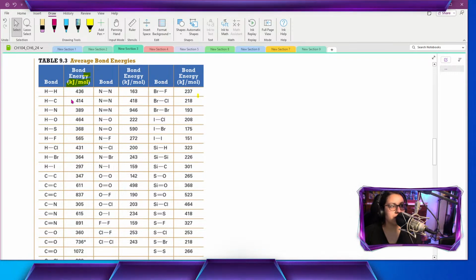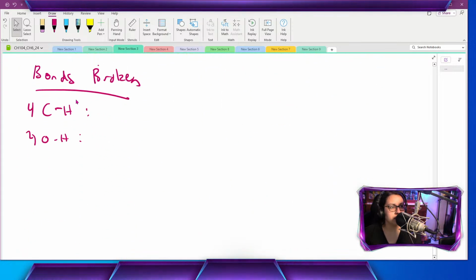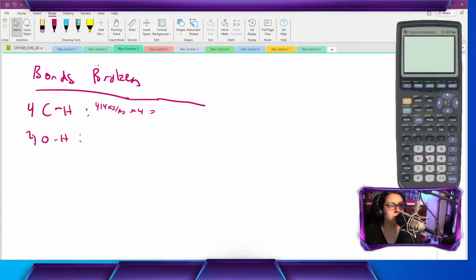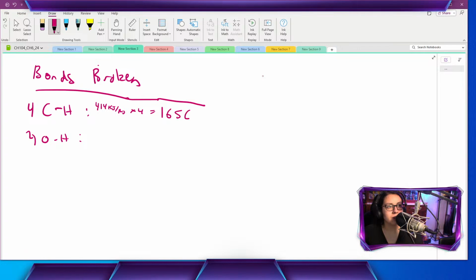Our carbon hydrogen is 414. But again, that's kilojoules per mole. So now I'm going to write that. So kilojoules per mole. But we have 4 of them. So maybe I'll write that out. So times 4, just so it's clear. Let me get out my calculator. So now that's 1656. And yell at me in the chat if I'm going too fast.